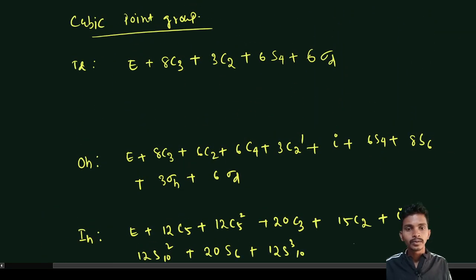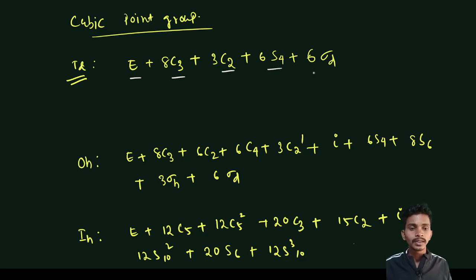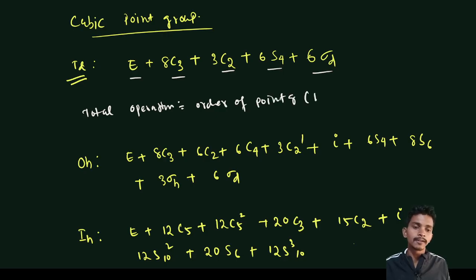For cubic point groups, for the tetrahedral, the point group elements are E, 8C3, 3C2, 6S4 and 6σd. The total number of operations is called the order of the point group, represented by h.